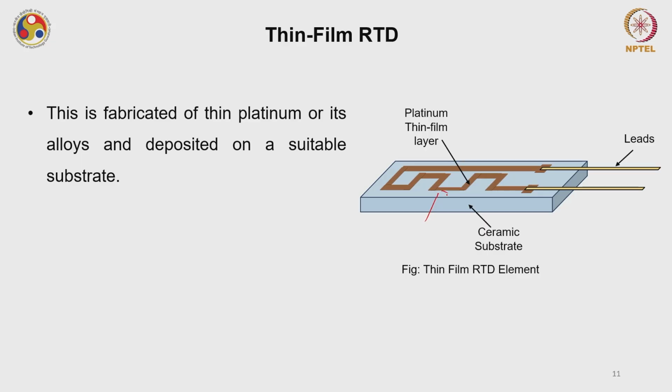If you see, a serpentine kind of pattern has been given to this film. This kind of pattern is possible by using a shadow mask or even by patterning using lithography. Please note that these structures are mostly microstructures, so I have mentioned that even without using a lift-off process, it can be patterned.